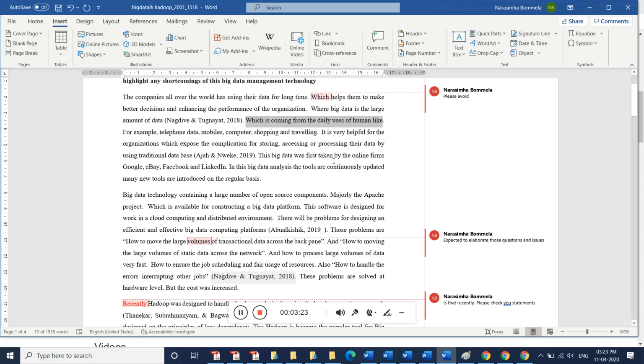Full stop. What do you mean by "human like"? So this is one sentence maybe, which is coming from daily use of telephones, mobiles, computers. Maybe that is one statement. You broke it into two statements, and the two statements are improper.